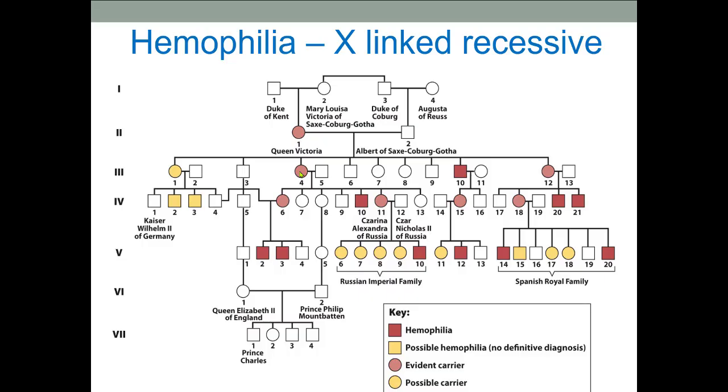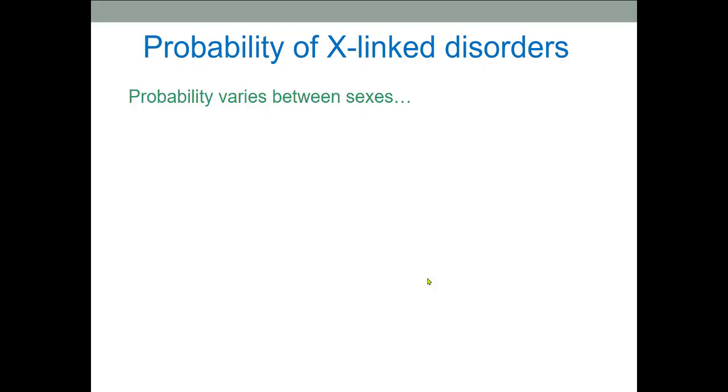And so what do we see here? Well, we see, firstly, an awful lot of this condition. We see it in many generations, which is probably owing to some of that inbreeding early on. But what we also see here is that if we look at the offspring numbers, the probability varies between sexes.